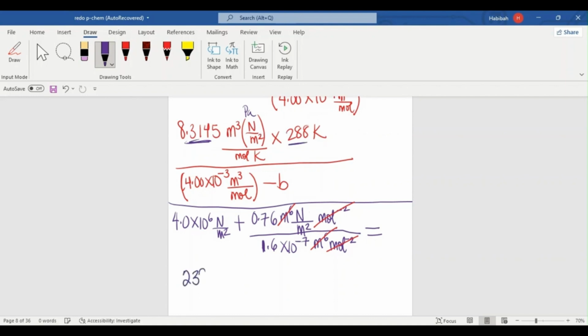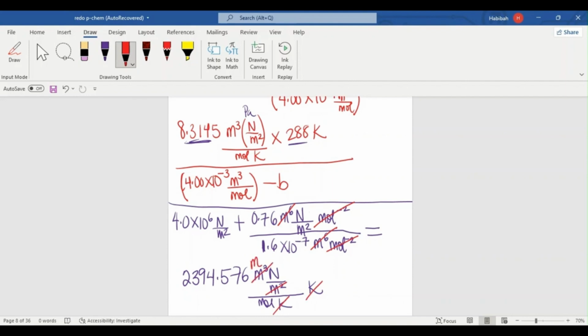So that gives 2394.576. We have the meter cubed Newton divided by meter squared, and then you have mole Kelvin here, and of course you have Kelvin here. What you can simply do is cancel out the Kelvins. You can also cancel out m squared from m cubed, which would just leave you with m.